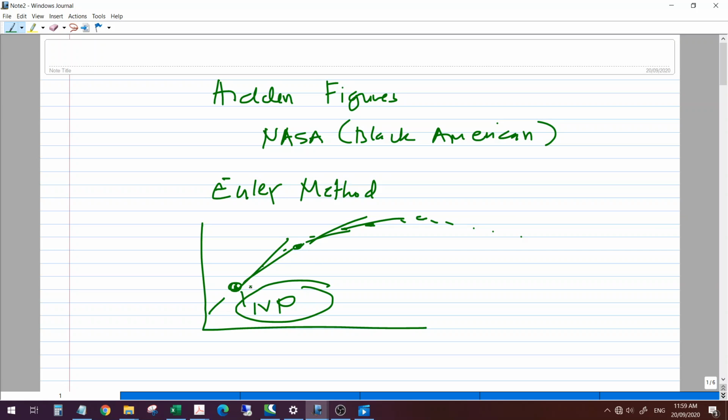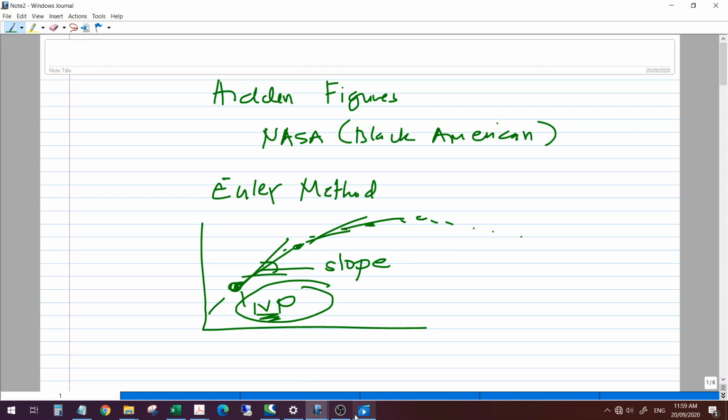So sa initial value problem, meron kang initial value na given, tapos mag-a-assume ka ng slope of your equation. You have the initial value, you assume the slope, then you will come up with the next value. Ganun lang po, no?